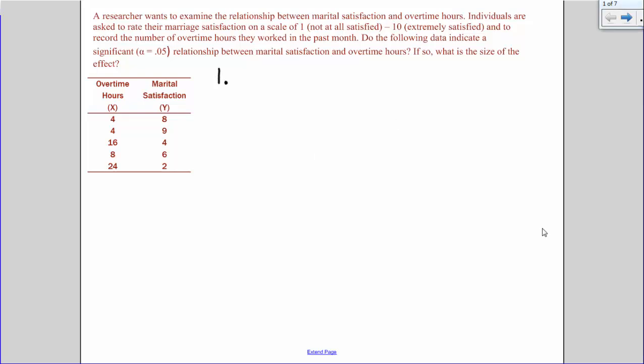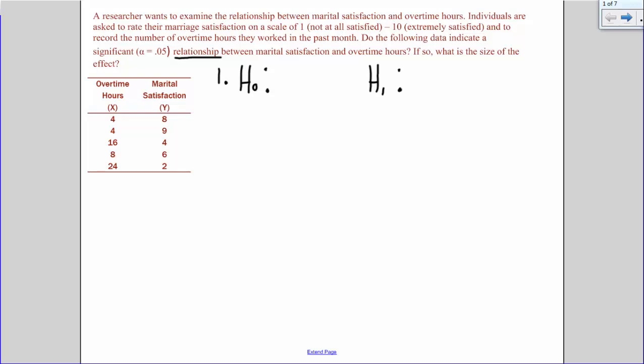So for step 1, we are going to state our null and alternative hypothesis. I'm going to start with my alternative hypothesis, and I need to figure out if I have a 1- or 2-tailed test, and if I have a 1-tailed test, if I'm expecting a positive or negative relationship. I'm just looking: do the data indicate a significant relationship?